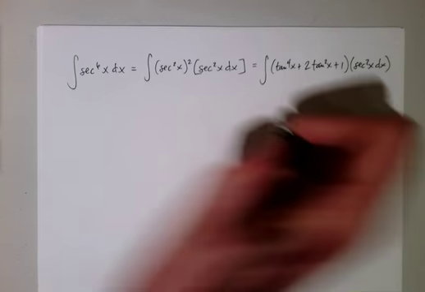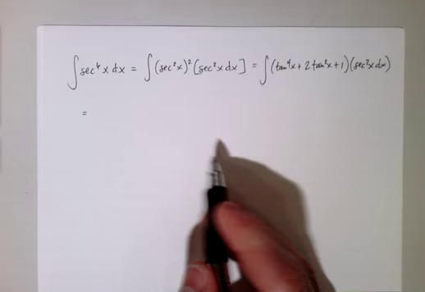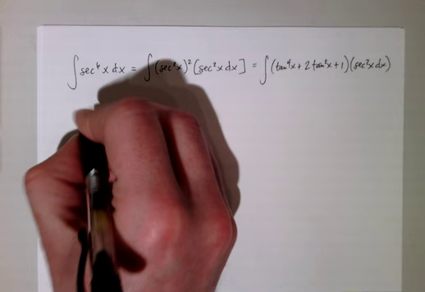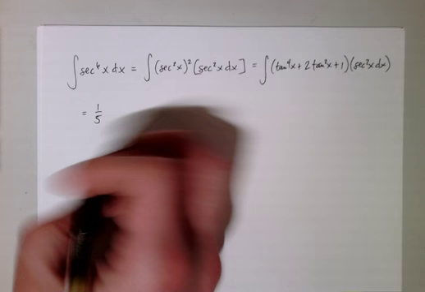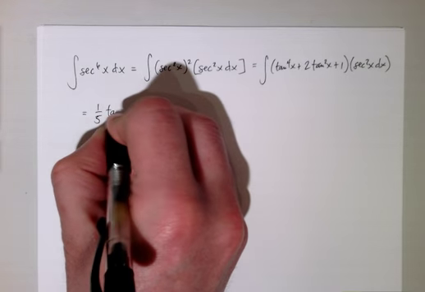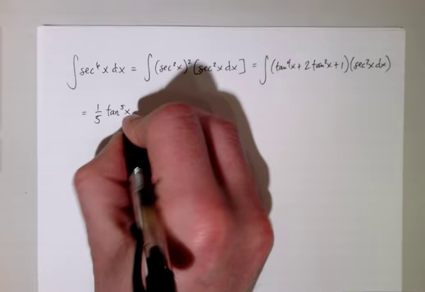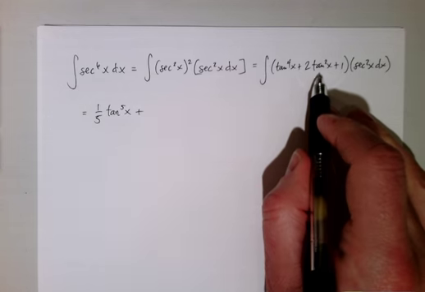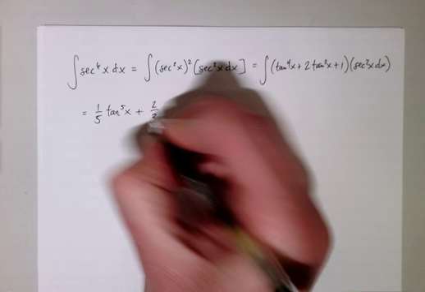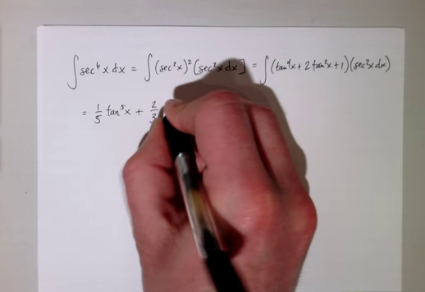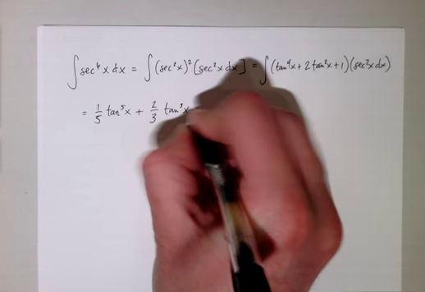And like I've said before, we don't actually have to split it up into separate integrals to know what would happen once I do. Tangent to the 4th is u to the 4th du. That winds up being 1/5 u to the 5th. Same thing with tangent squared. It becomes 1/3 tangent cubed, but there's already a 2 there, so I have to combine it with that, and it becomes 2/3 tangent cubed x.